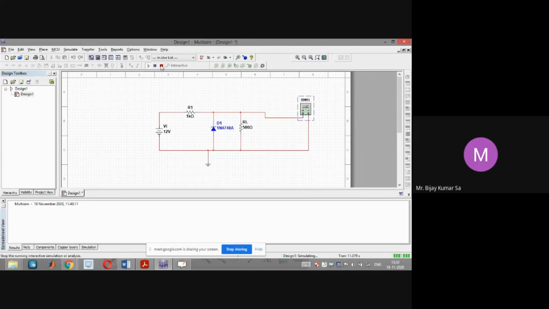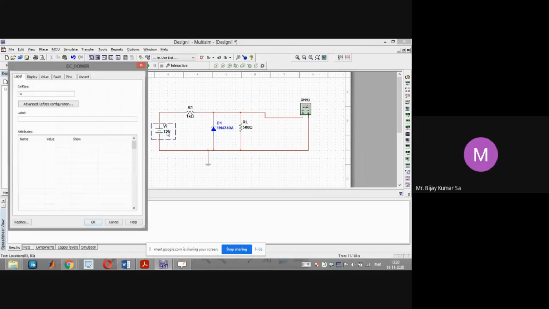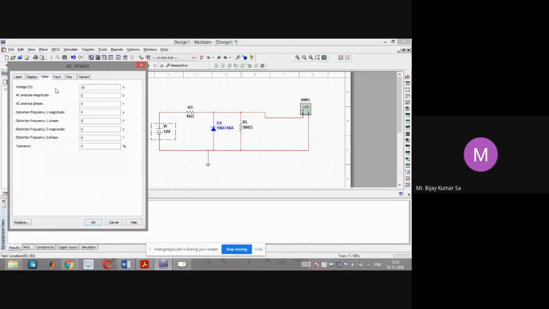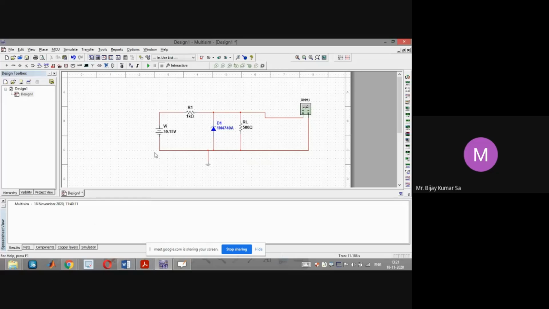So what if this input signal is 30.15, the VI minimum value? We have calculated 30.15 is the minimum VI to turn this zener diode on. So suppose I give 30.15 volt. What is expected at the output?